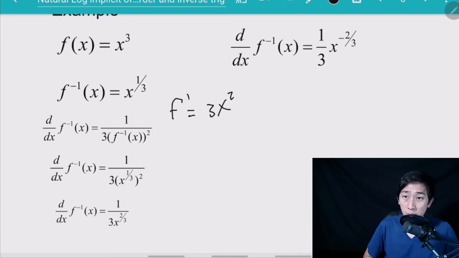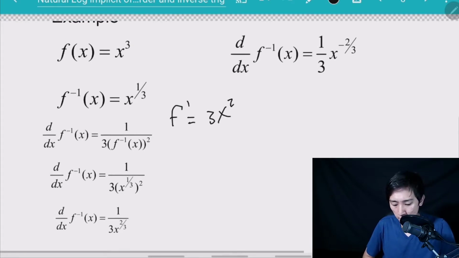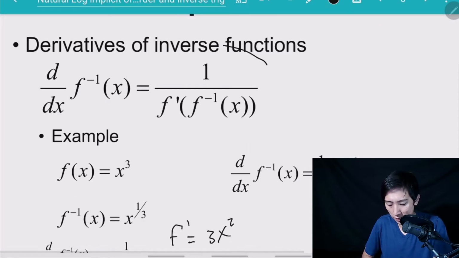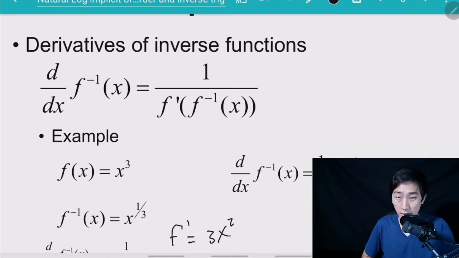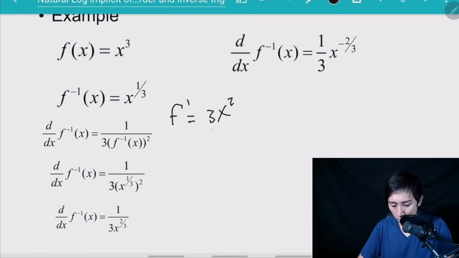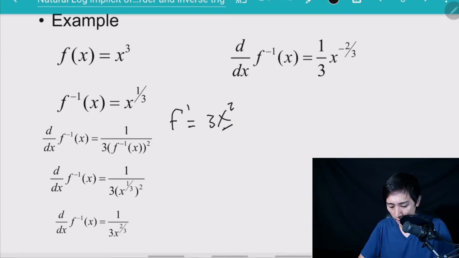Okay, this is what our derivative is. So when we plug in f inverse of x into that, we get this. Again, we're still just working off of this big formula here. It says in order to take the derivative of my inverse function, we go 1 over the derivative of the original function at the inverted function. So it's 1 over 3 times, plugging in f inverse of x, which we know is x to the 1/3, squared.